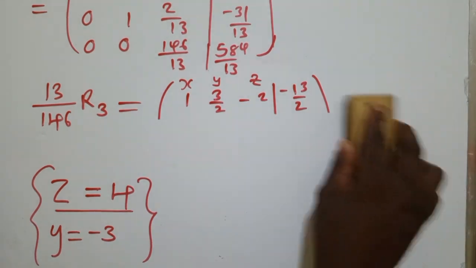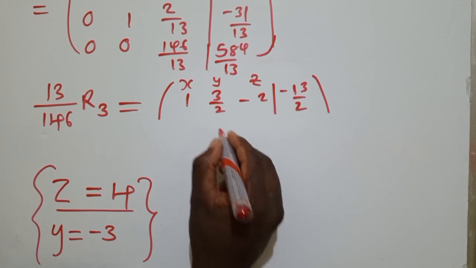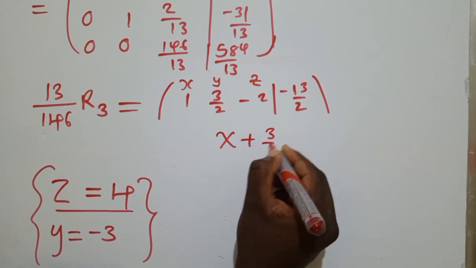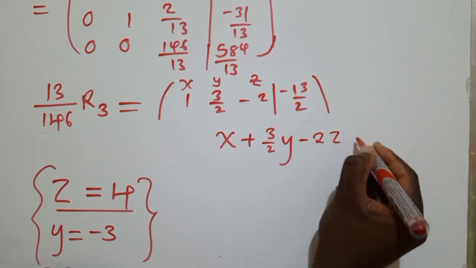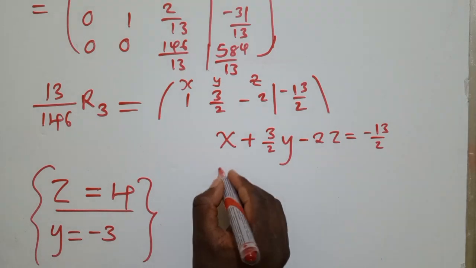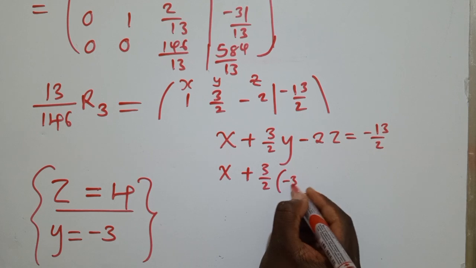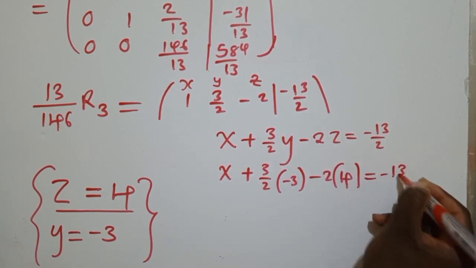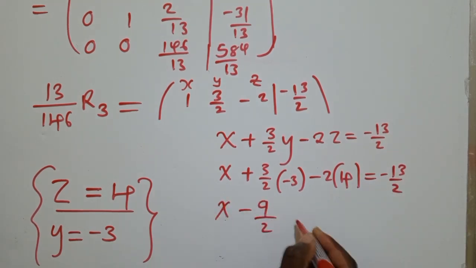Okay? The first row. So we're going to say this is x plus 3 over 2y minus 2z is equal to negative 13 over 2. So x plus 3 over 2, y is negative 3 minus 2, 4 there is equal to negative 13 over 2. X, okay, you can see that.